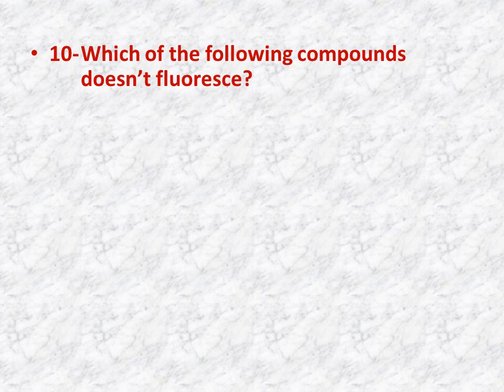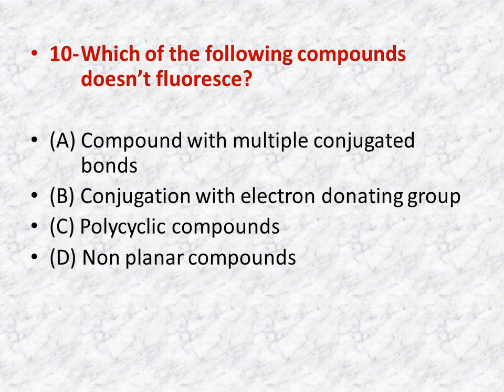Question number 10. Which of the following compounds doesn't fluoresce, meaning they don't show the phenomenon of fluorescence? So let's see what type of compounds they are. Here are the options. A, compounds with multiple conjugated bonds. B, conjugation with electron donating group.